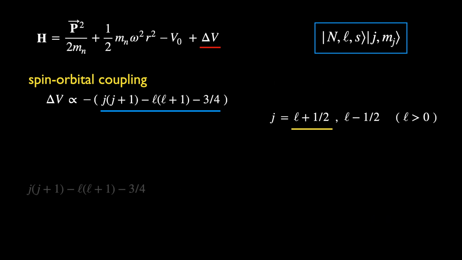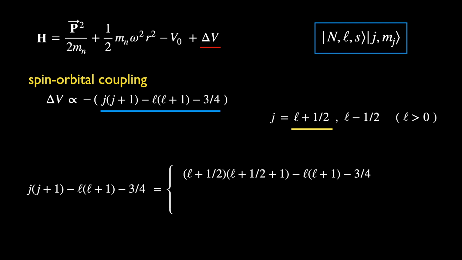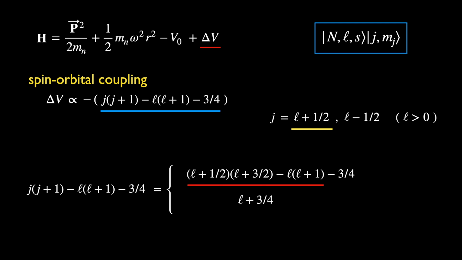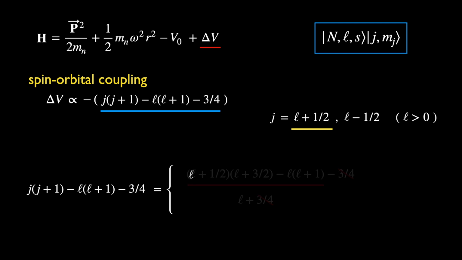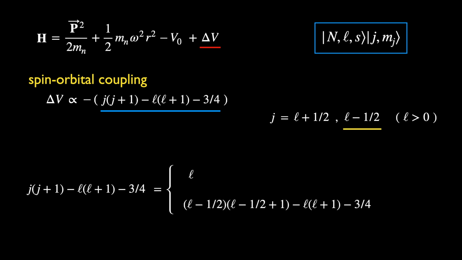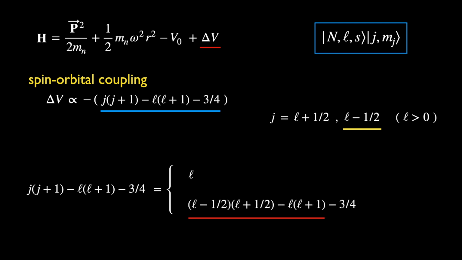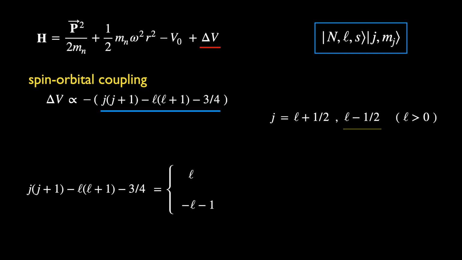For the first value of J, we have, and for the second value, substitute this result back into delta V.